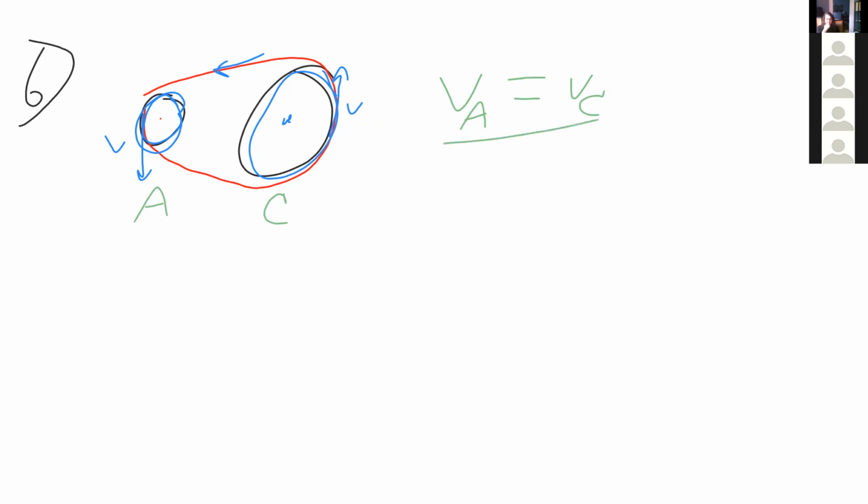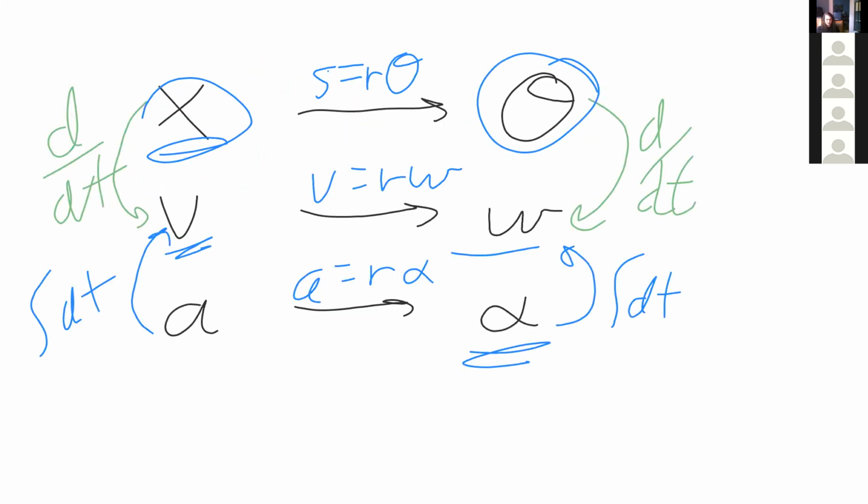The linear speed of A will be equal to the linear speed of C. And to go back to our equations, the way that I converted from linear speed to rotational speed was with this equation right here, that v is equal to r omega. The two speeds are equal because there is a belt linking them together.